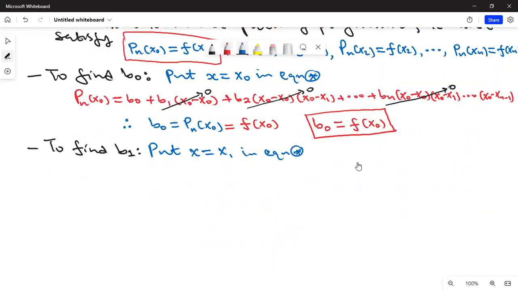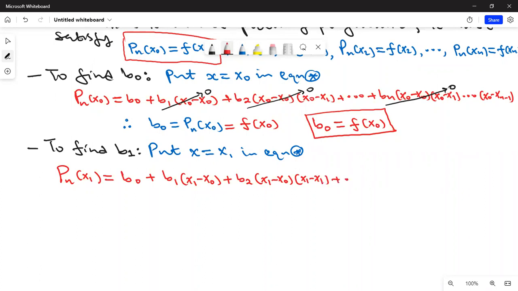It will now be Pn of x1 is equal to b0 plus b1 times (x1 minus x0) plus b2 times (x1 minus x0)(x1 minus x1) plus so many of them up to bn times (x1 minus x0)(x1 minus x1) up to (x1 minus xn minus 1).